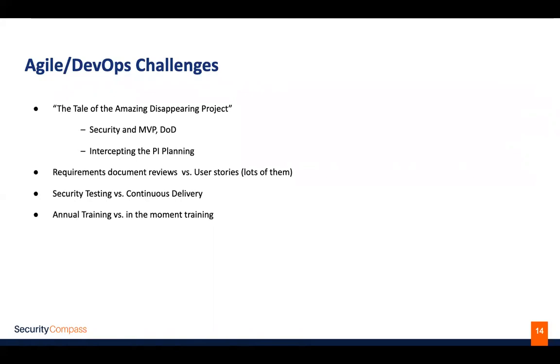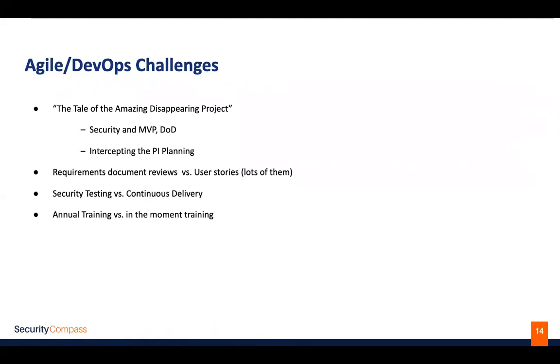But then, as we moved from waterfall to Agile, we started to see the volume of these go way down and almost disappear. And we scratched our head a little bit for a while, and then we realized, well, folks weren't creating projects anymore.